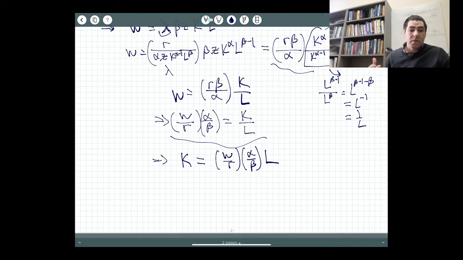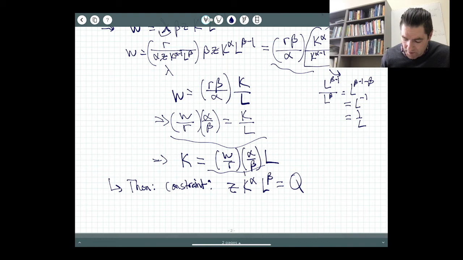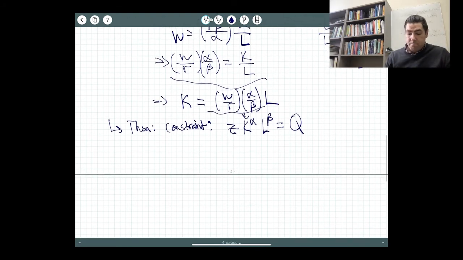I can then plug that into my constraint, which is a function of capital and labor and everything else. And then I can use that to solve for L, right? So what do we have? I plug that into my constraint, which was my third equation, Z K to the alpha, L to the beta is equal to Q. So I can just plug K into here.